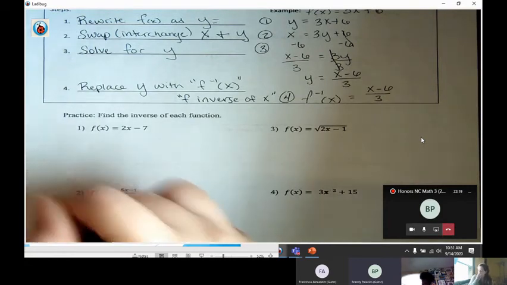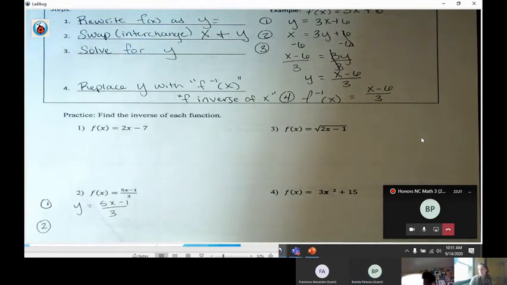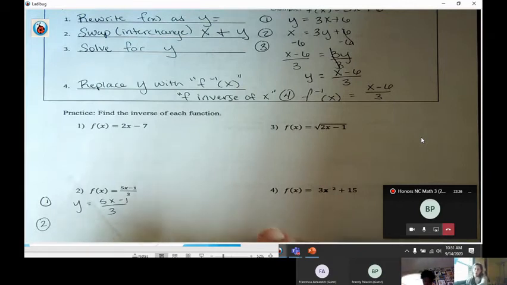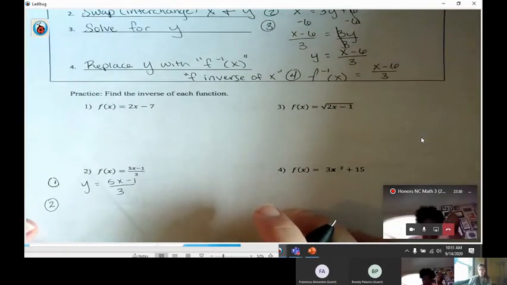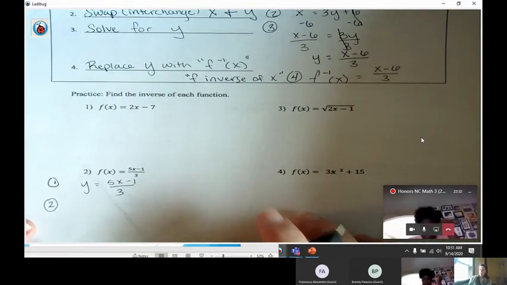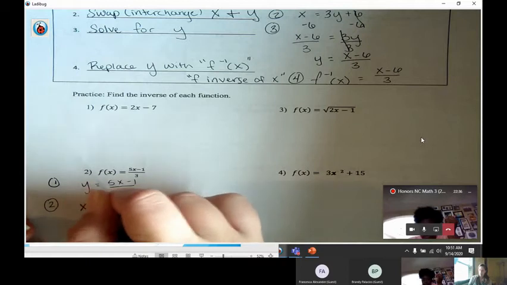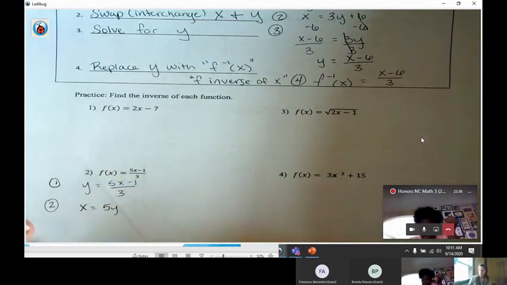Okay, and then Tanaya, step 2 says to swap x and y. So can you tell me what I'm going to write for step 2? It would be x equals 5y minus 1 over 3.